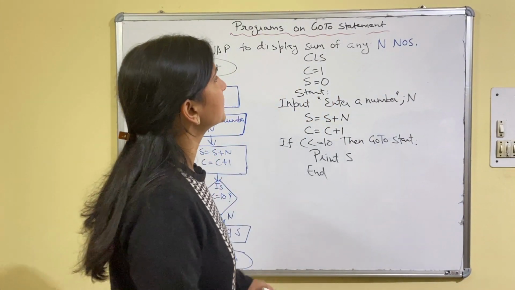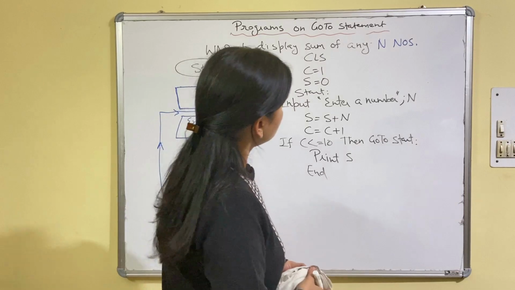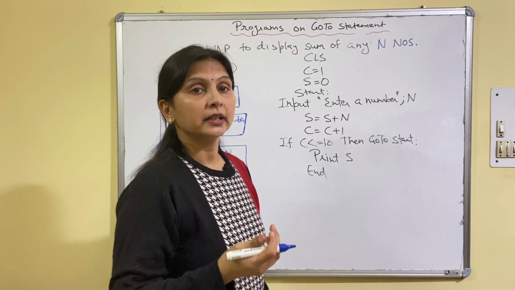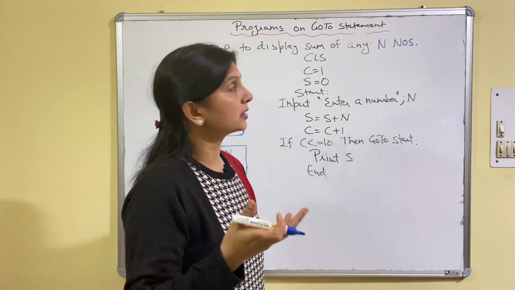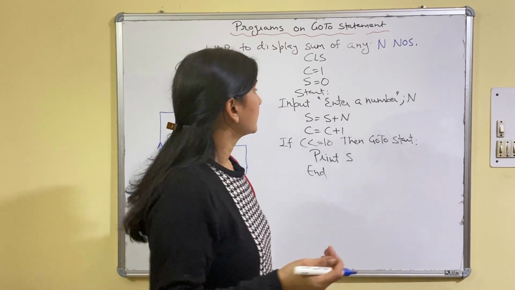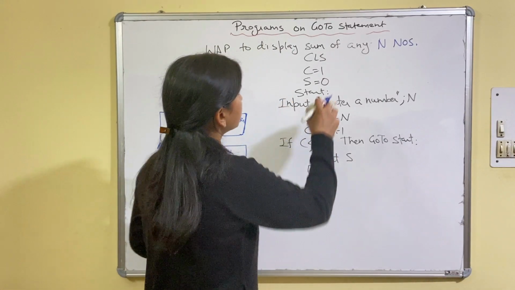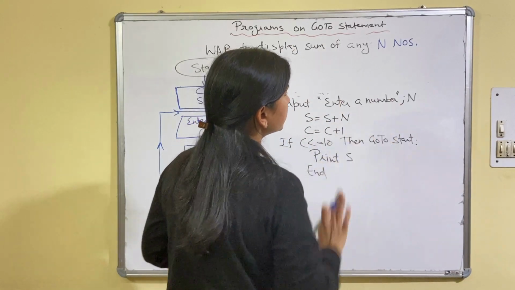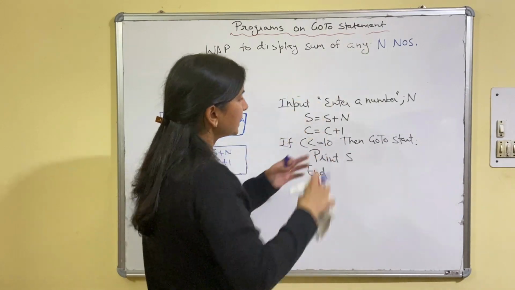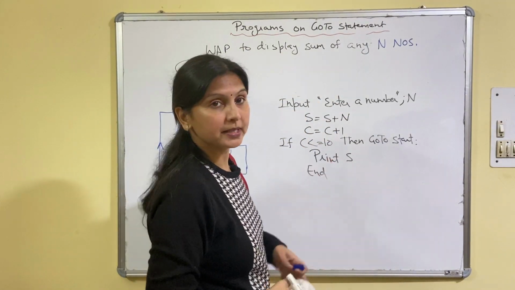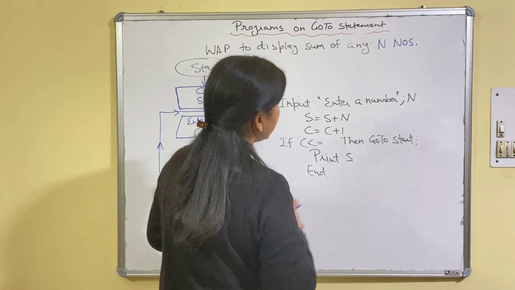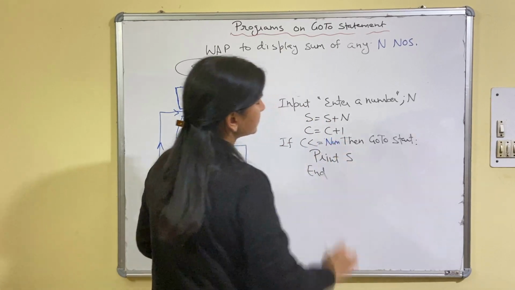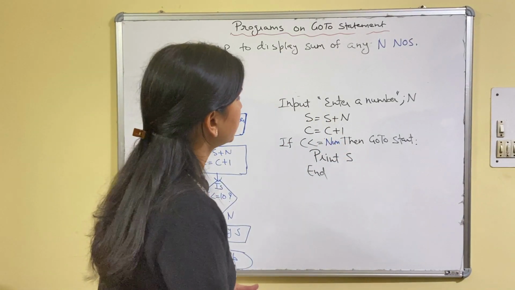If you don't know how many numbers are there, it should be asked from the user first: enter a number of terms. Here I am making some changes. This will remain the same. But how many times should it be repeated? Not 10 times. N times. N, or I am taking here num.